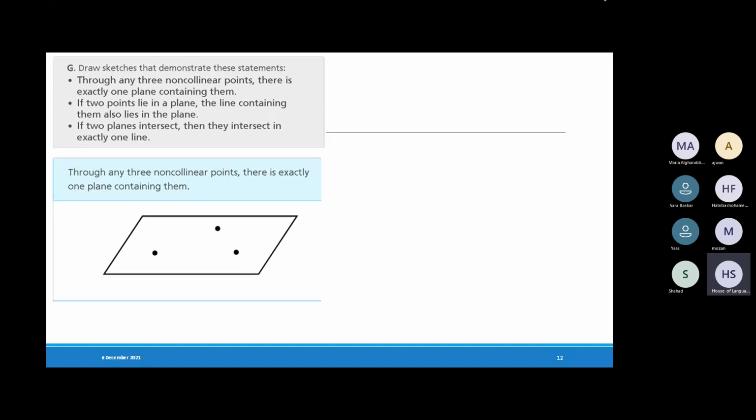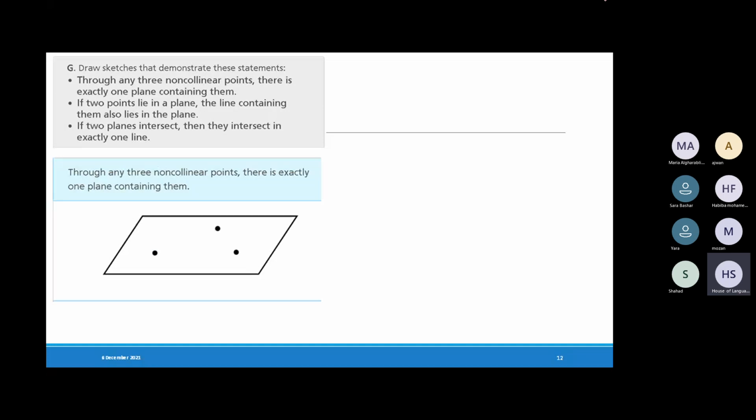The second one: if two points lie in a plane, okay, the line containing them also lies in the plane. Draw it. I will repeat. If two points lie on a plane, then the line containing them must be in the plane.